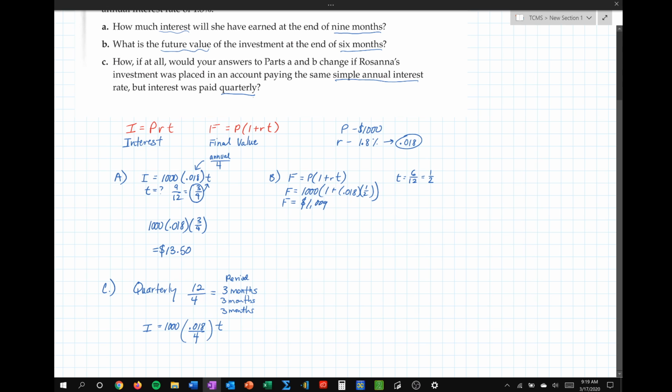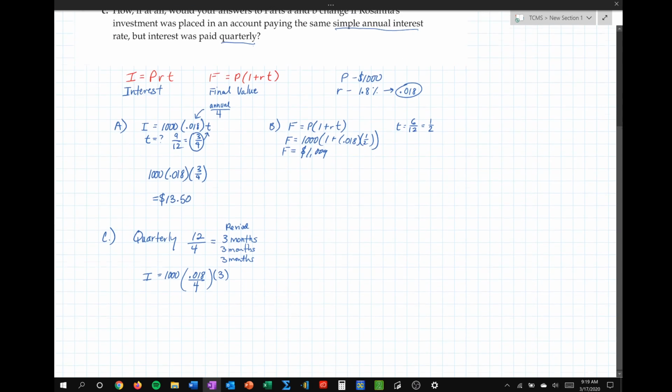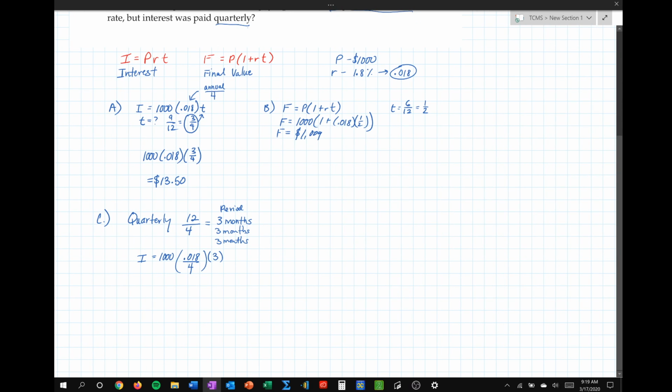So in total, we had 3 of those 3-month periods, okay? And notice how what we ended up building right now is exactly the same thing as what we had when we did it the first time, right? Except that right now the 4 is in the denominator for the 0.018, but because it's multiplication, it's going to end up being the same thing anyway.